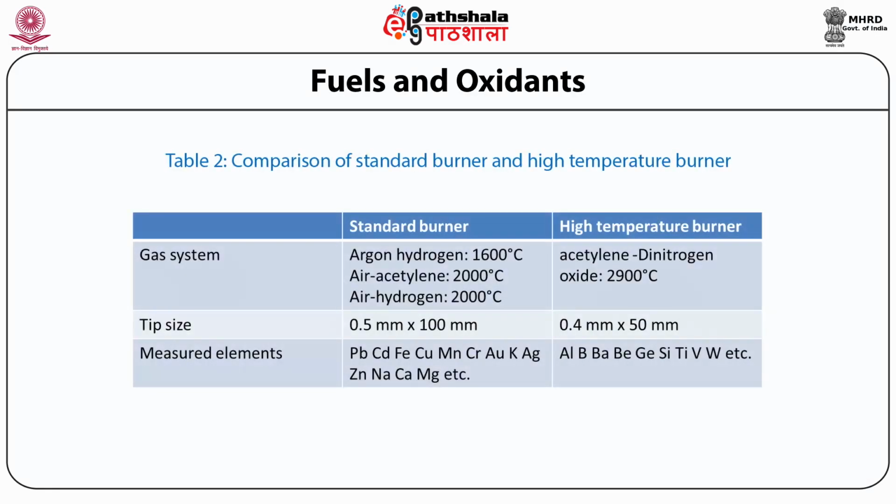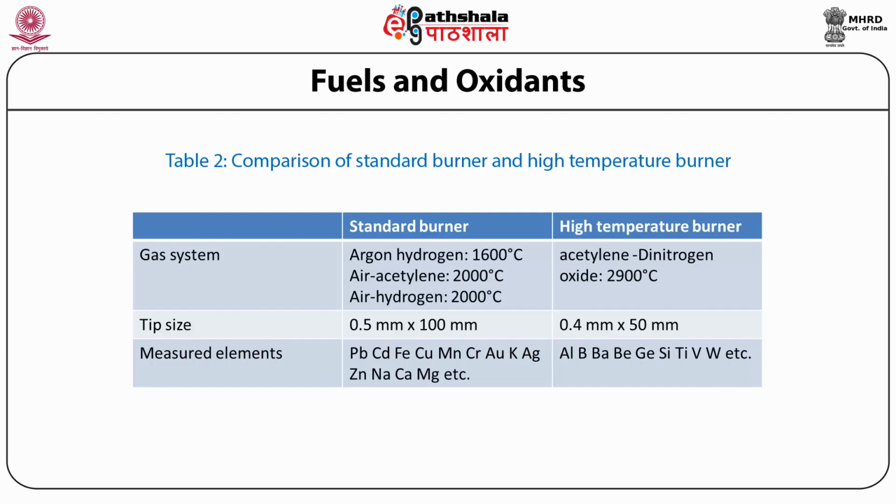This table shows us a comparison of standard burners and high temperature burners. The gas system in standard burners can be argon hydrogen, air acetylene, or air hydrogen, and in the case of high temperature burners, acetylene dinitrogen oxide is used. The temperature attained is 2900 degrees centigrade.